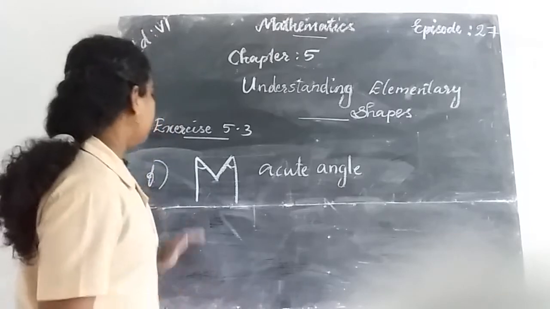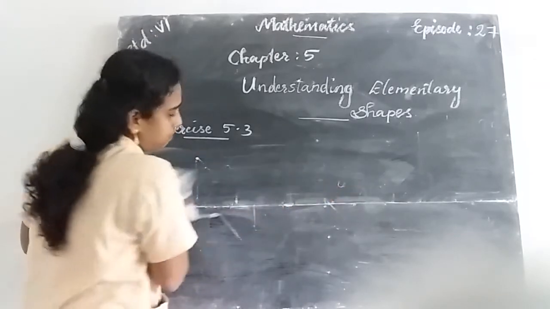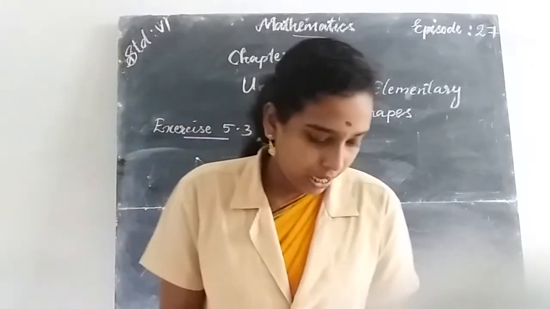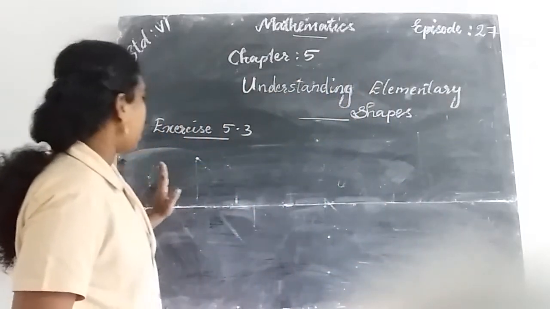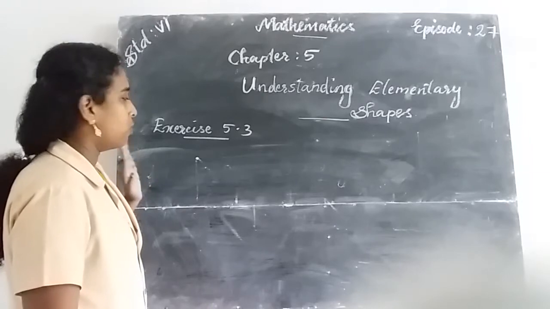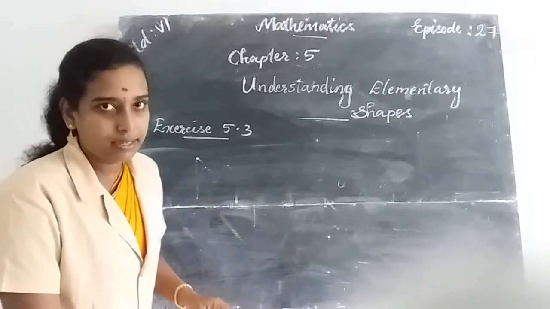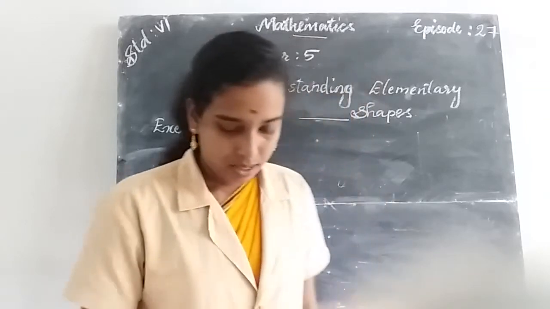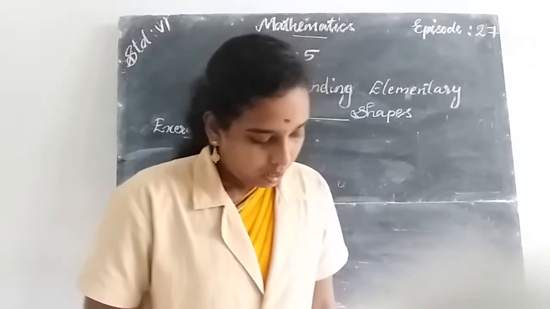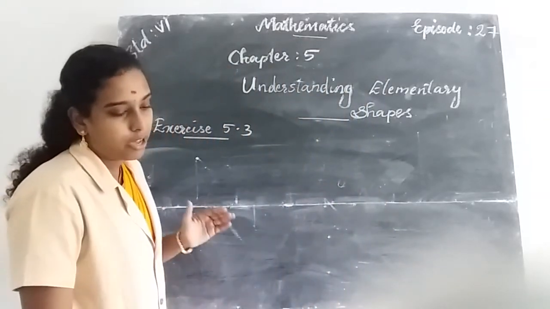So these are the answers of the second question in our exercise 5.3. We also measure angles by using a protractor, that we will discuss in our next class. Then we are going to exercise 5.4.